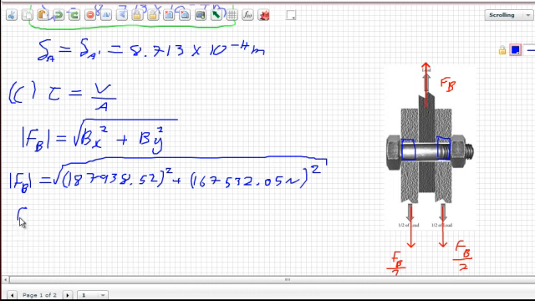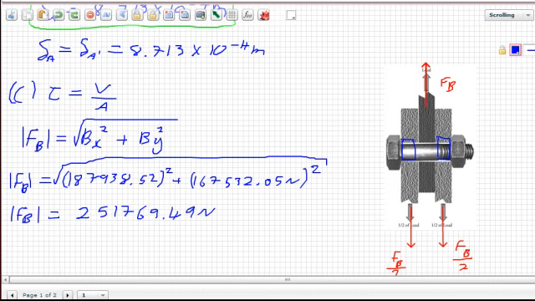And so the magnitude of the force Fb will be 251,769.49 newtons.